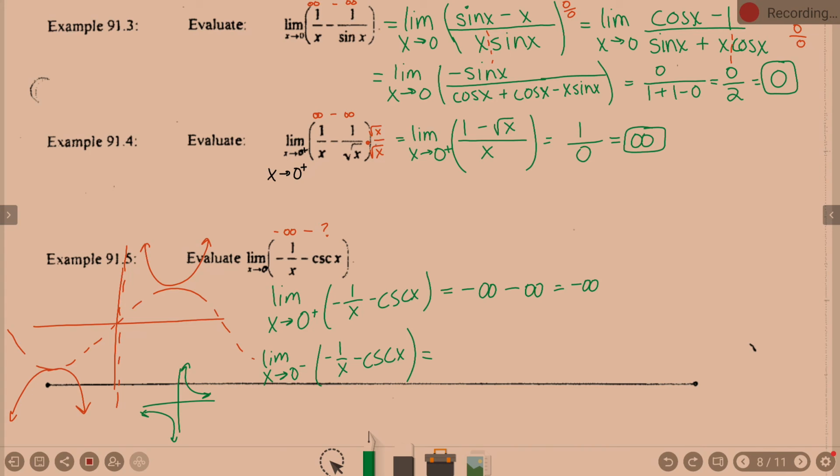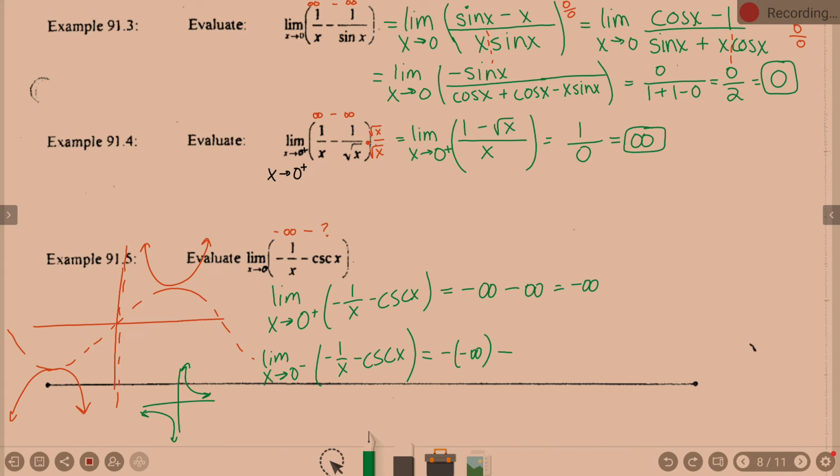When we approach 0 from the left, the negative of 1 over x. So here's 1 over x, right? When you approach from the left, where are we going? Down. So if you will, it's the negative of negative infinity, which would be a positive infinity, minus cosecant. What about when we approach 0 from the left?